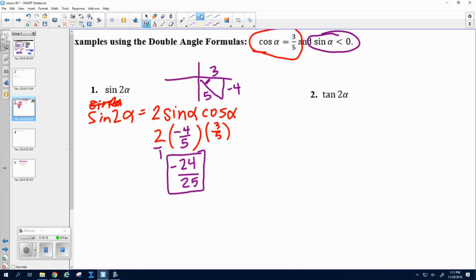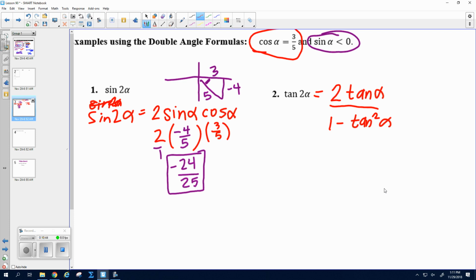All right. Tangent of 2 theta. So we'll start with the formula that we just derived. So tangent of 2 alpha is equal to 2 tangent alpha over 1 minus tangent squared alpha. And then we use the information given to us.